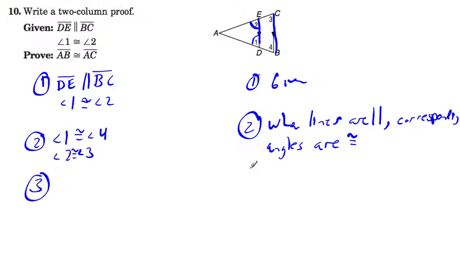The trusted theorem we've had before? Whenever we see parallel lines, we know it's probably going to be one of those angles, and here it's corresponding angles. Well, if 1 is equal to 2, which we already know, and 1 is also equal to 4, and 2 is equal to 3, we can say here that angle 4 is congruent to angle 3, and that's just substitution.